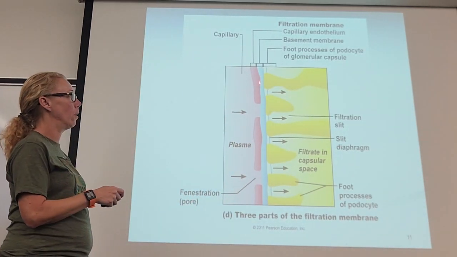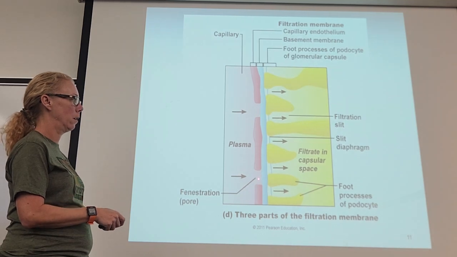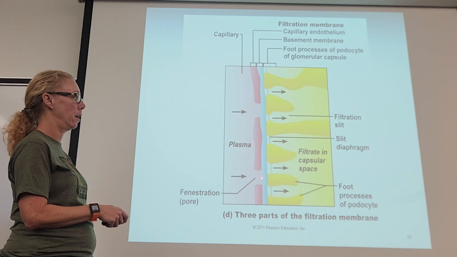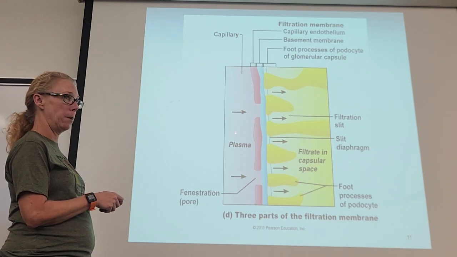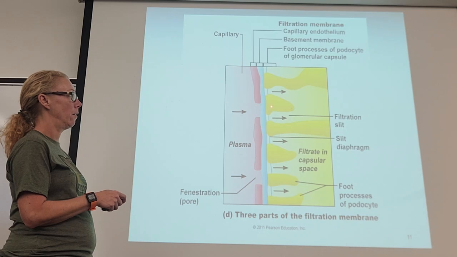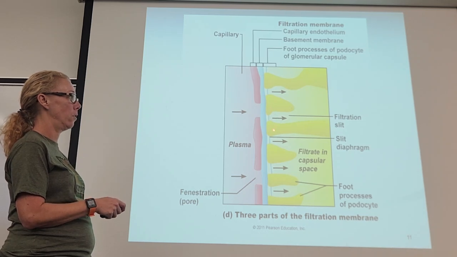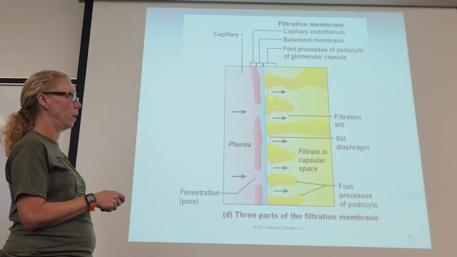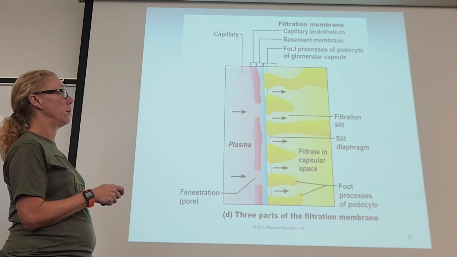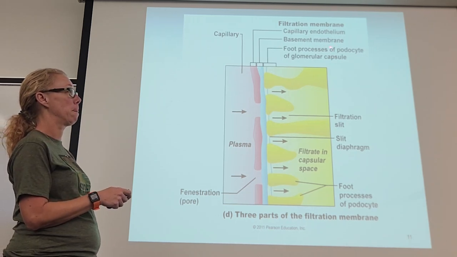So you've got your pores here in your fenestrated glomerulus, fenestrated capillary. Here's your blood plasma, okay, because you're in the glomerulus. On this side, you have all of those podocytes that interdigitate, so they have spaces in between them. And then in between the two, you have this basement membrane, or lamina propria.